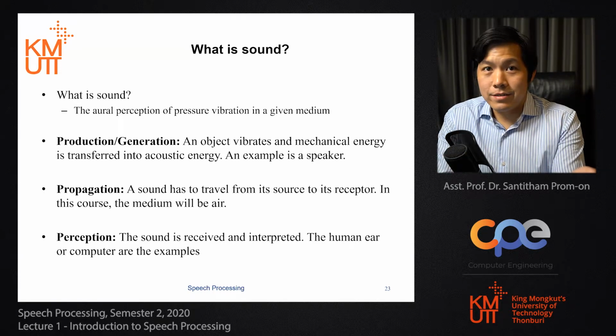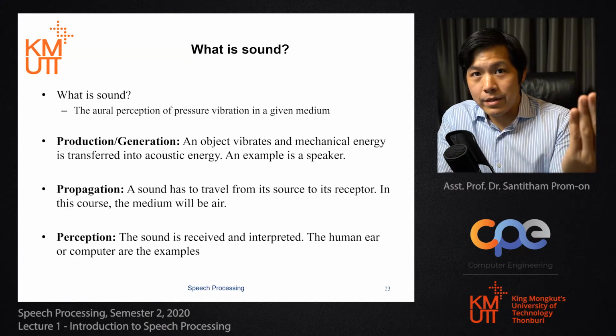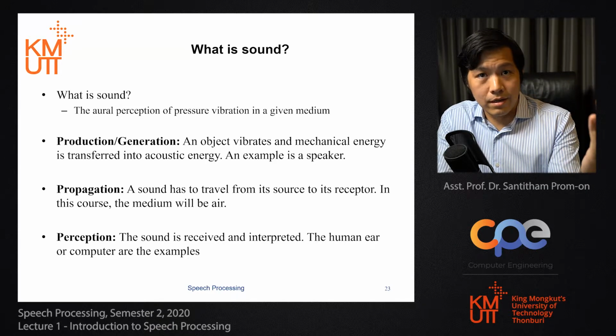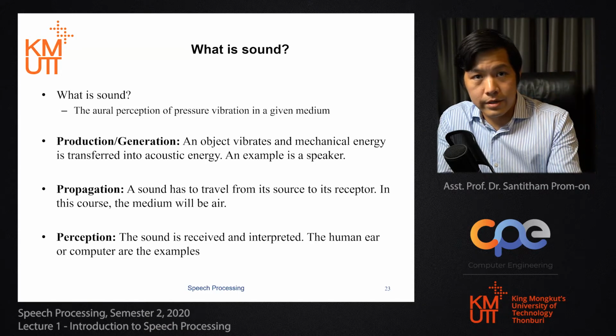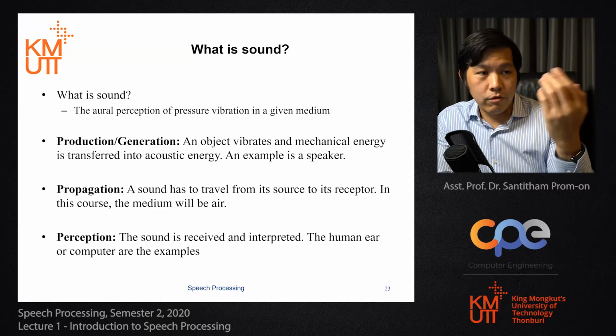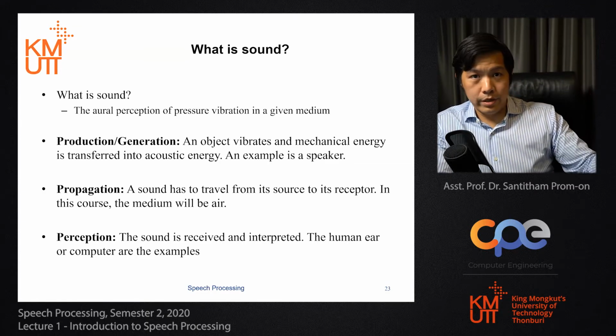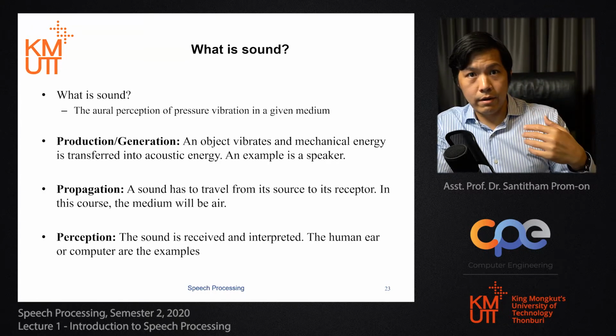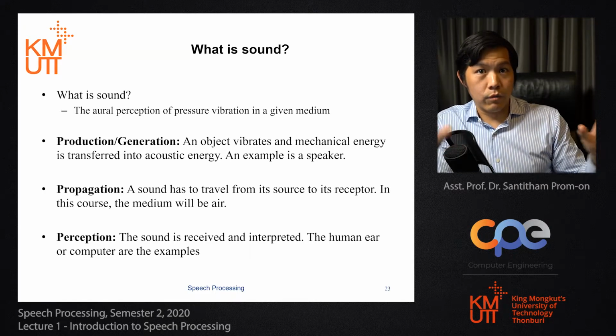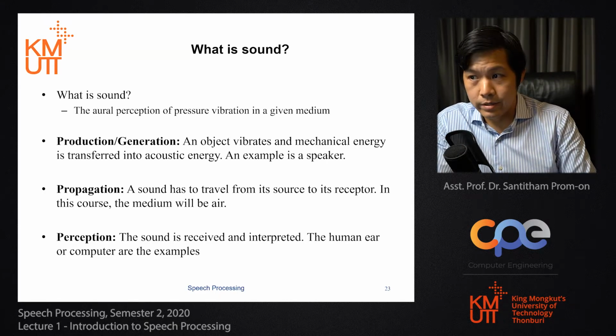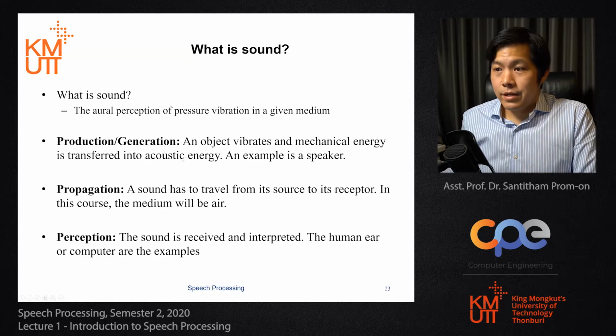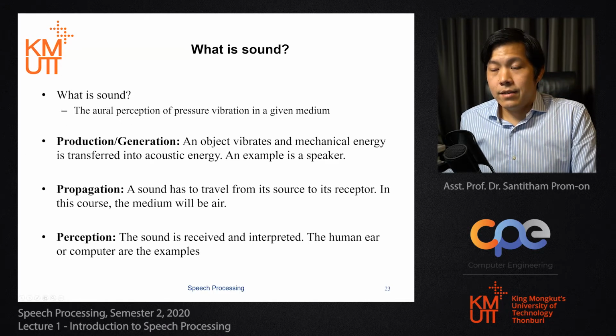Like the speakers that you hear right now: they vibrate, and the vibration transfers to the air and hits your ears. If you put something in between your speakers and yourself, that will block the vibration, then you wouldn't hear the words. So it needs to have the vibration.